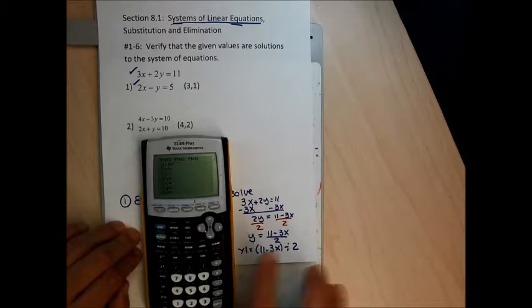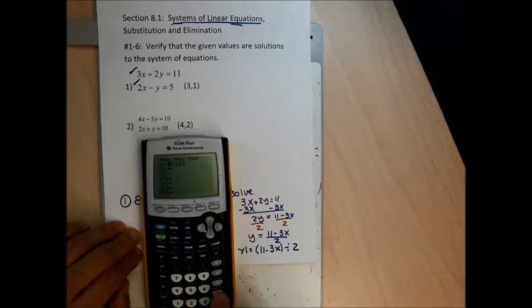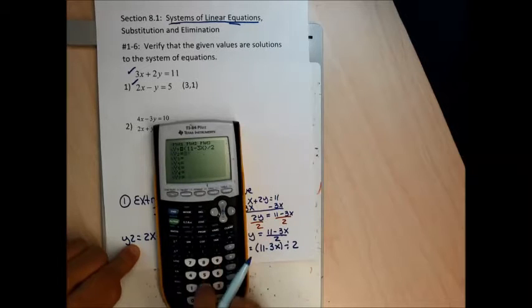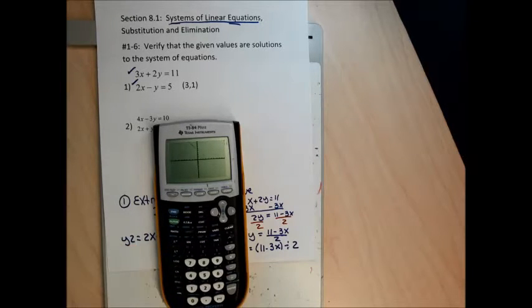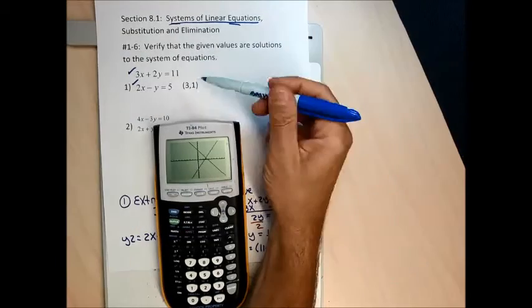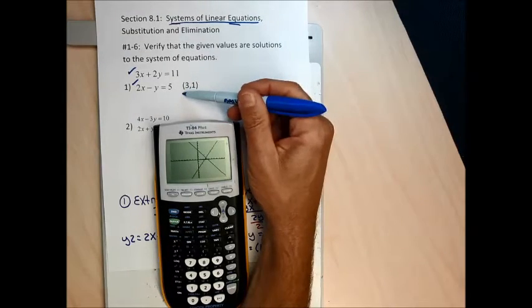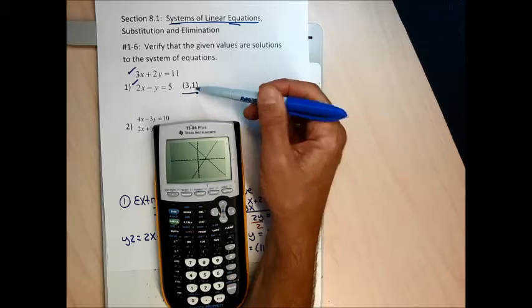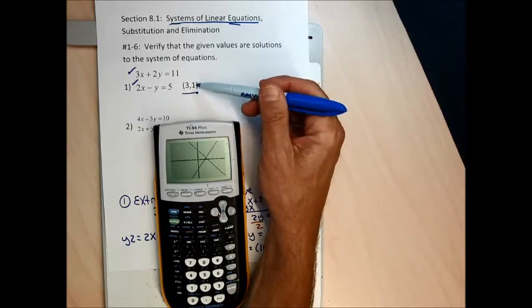So if I graph the first equation in y1, 11 minus 3x divided by 2, and y equals 2x minus 5 in my second equation, what I'm finding when I solve this system of equations is where the two graphs intersect. And problem 1 says verify that the solution that's given is actually a solution to the system of equations. So visually it means verify that the graphs of the two lines intersect at the point (3, 1).